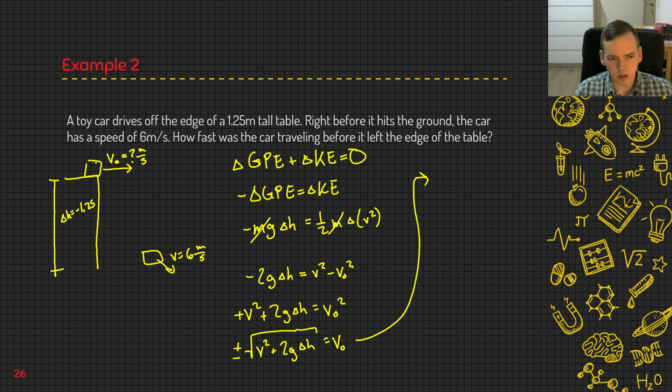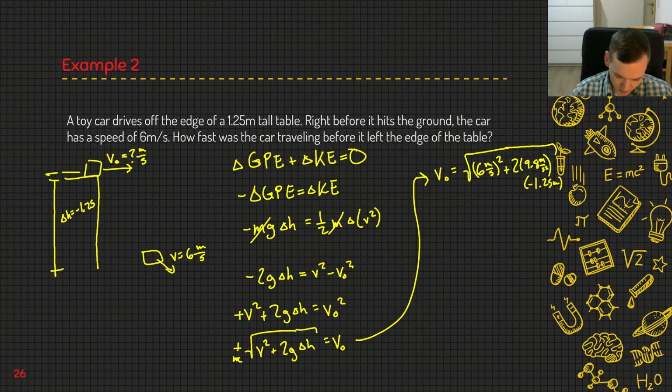In this case, we're going to stick with just the positive value, because we actually just care about how fast. So this means that V naught is equal to the square root of the final speed of 6 meters per second squared plus 2 times 9.8 meters per second squared times delta H, which is going to be negative 1.25 meters.